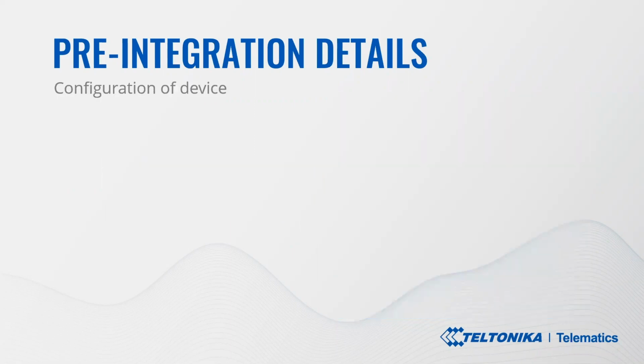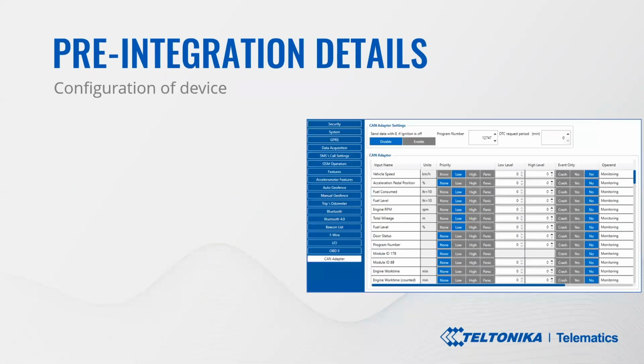Let's move on to the configuration of the device. It is possible to pre-configure the device before installing by creating a configuration file, or you can simply configure the device on the spot by connecting via USB cable using our configuration software.